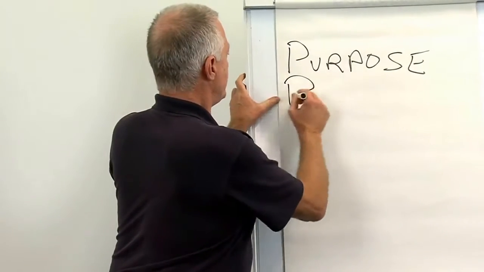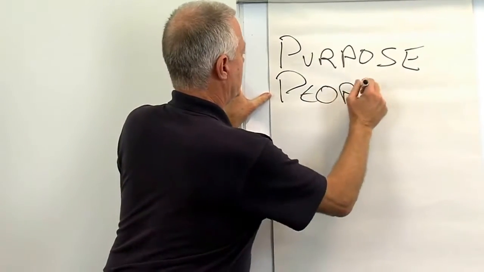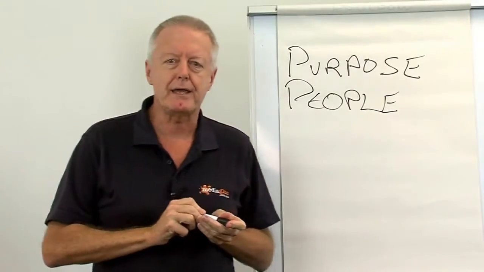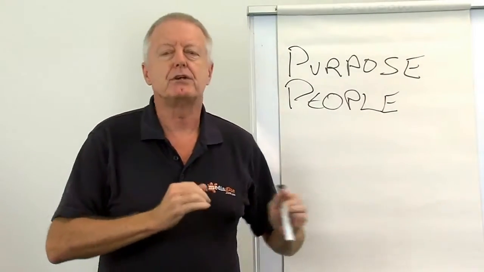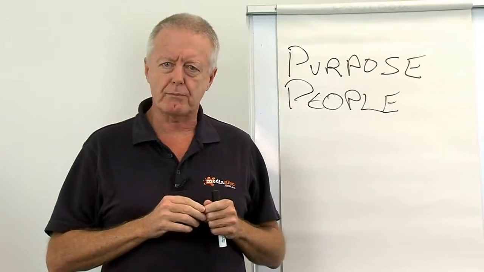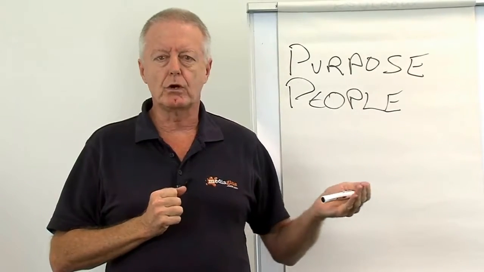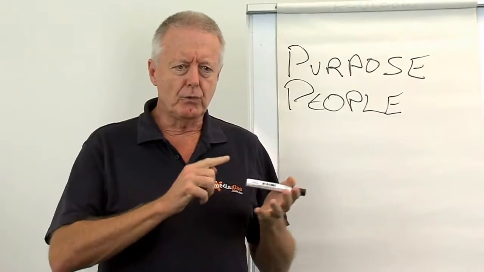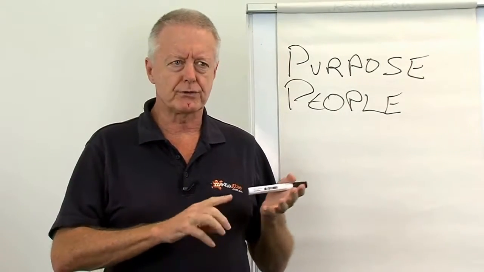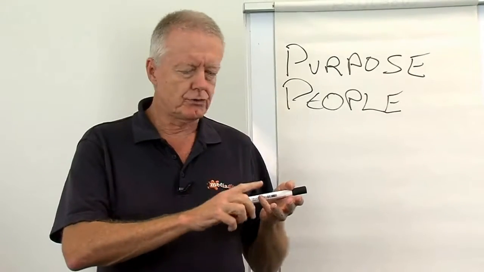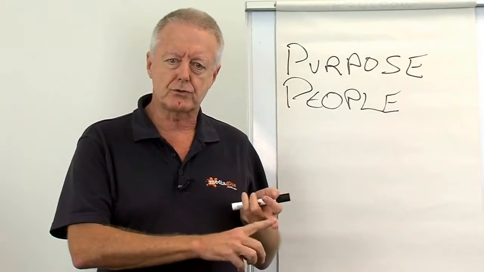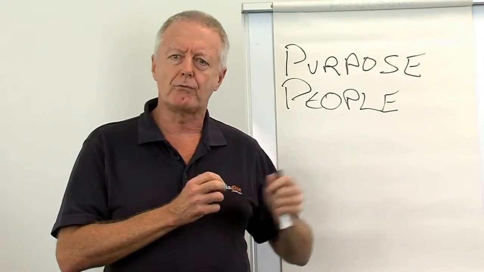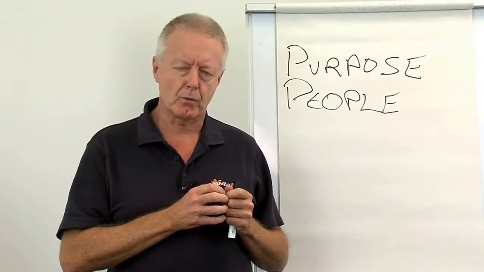So the second P stands for people. Now what we're talking about here is a definition of who is going to visit your website. So if you were, for instance, an electrical contractor, and you wanted to promote your services to householders, to developers, and to consulting engineers, you would need to have very clear and obvious links on how that might work.